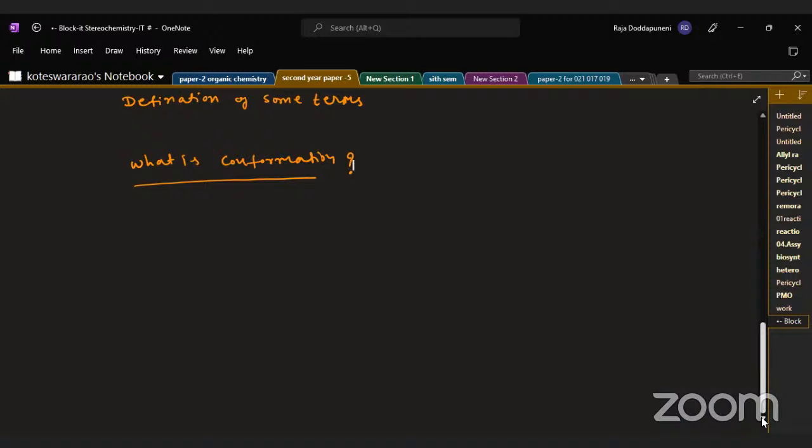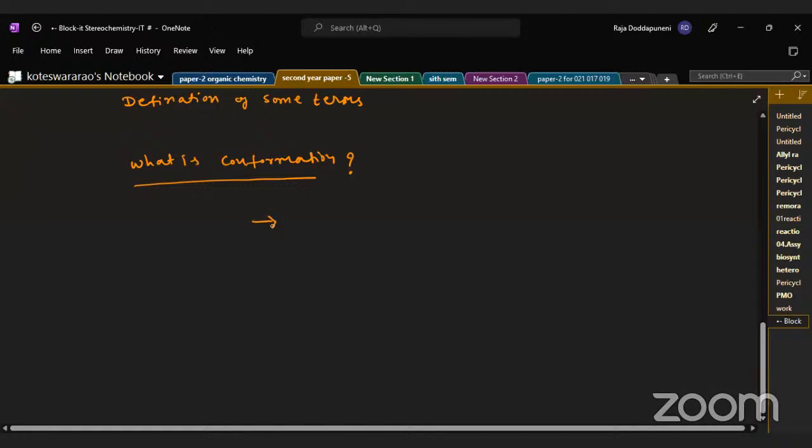Suppose more than one sigma bond is there, all the sigma bonds are associated with C-C bond rotation. Therefore, these C-C bond rotations result in new stereoisomers. These stereoisomers are called conformers, or conformational stereoisomers, or rotamers.